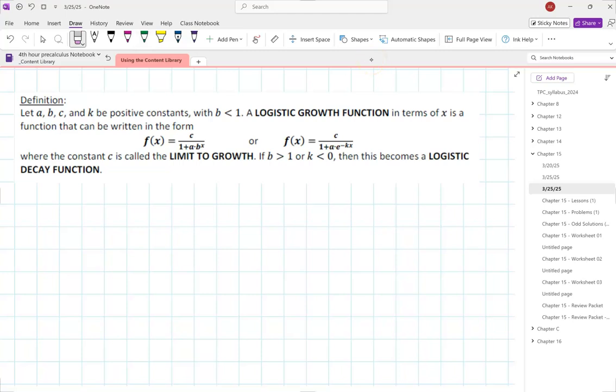So A, B, C, and K are just positive constants. When B is less than 1 or K is greater than 0, that's going to be logistic growth. And when B is greater than 1 or K is less than 0, that's logistic decay.